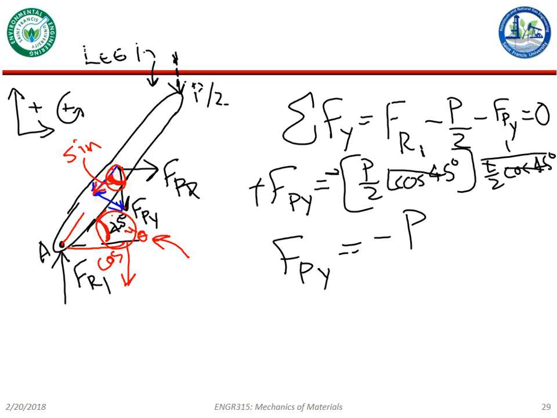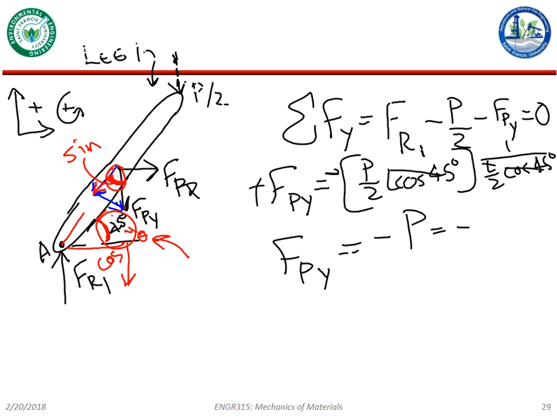Okay. Cool. You're on board with that? Sweet. Okay, so FPY is negative P, or negative 200 pounds. What does that tell us about the direction of FPY? Right. For consistency, we're not going to change it on the diagram.